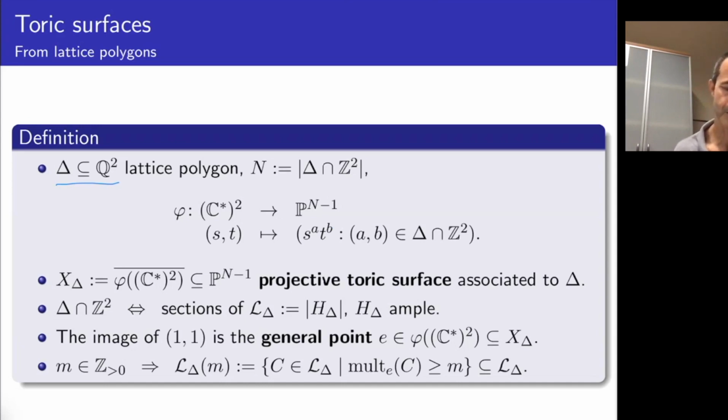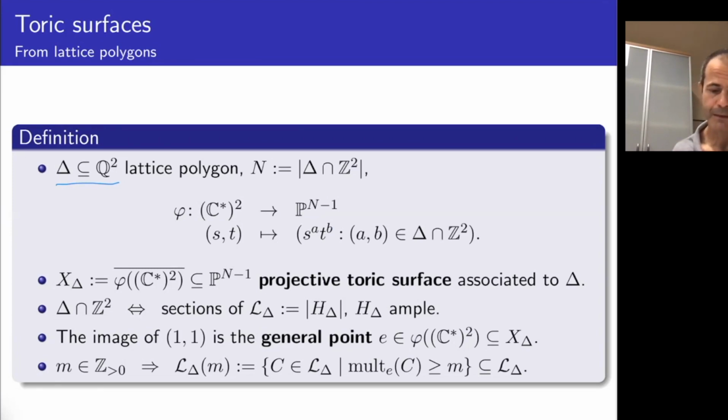We take the closure of the image of this map, and we have a surface inside the projective space, and it turns out to be a toric surface because we have the image of the torus inside the surface.